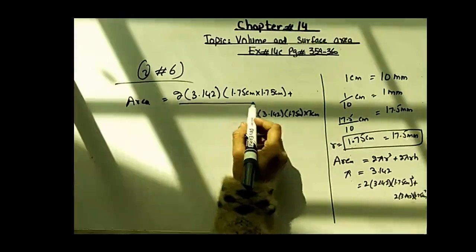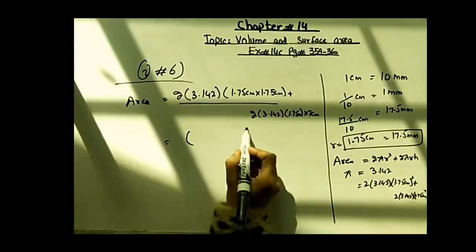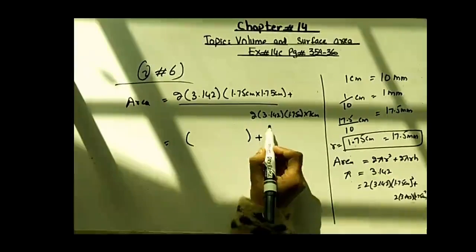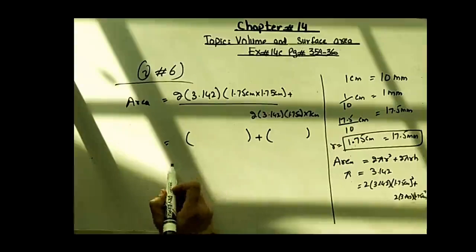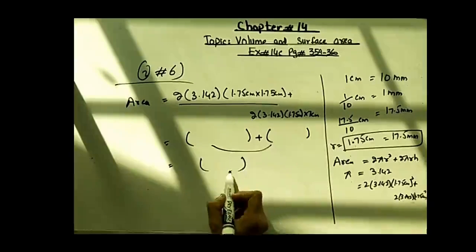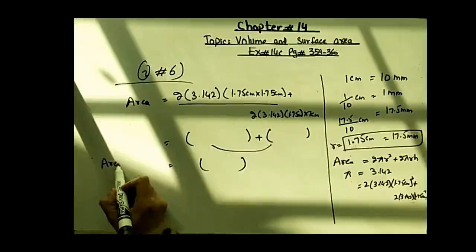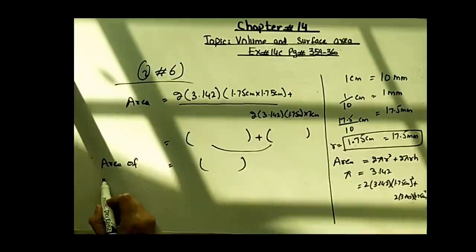So first you will find all these numbers and write the answer here, then plus sign, then multiply all these numbers and write the answer here. Then in the next step you will add these two numbers, and that will be your area of the cylinder.